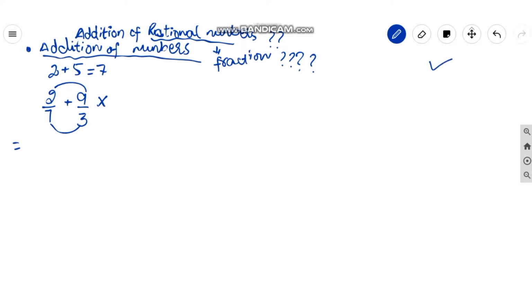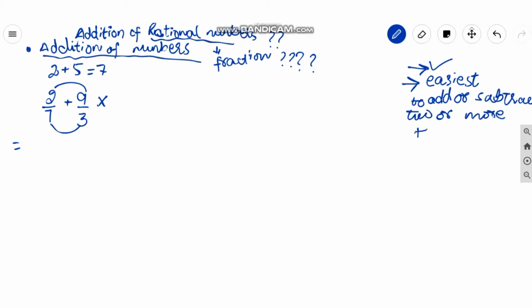We are going to study the correct and the easiest methods to add or subtract two or more than two rational numbers. So let's start with the easiest fractions.